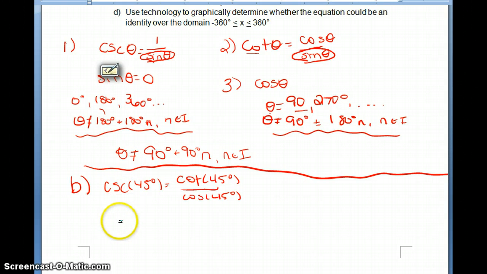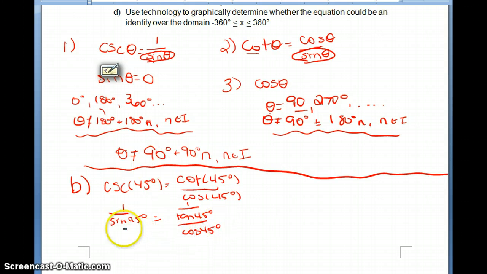So you take that sine value, which, looking at our chart there, is 1 over root 2, or as you guys would know, root 2 over 2. And you just take the inverse of that, so it'd be 1 over sine at 45 degrees, is equal to cotan, which would be 1 over tan at 45 degrees, and then cosine at 45 degrees.